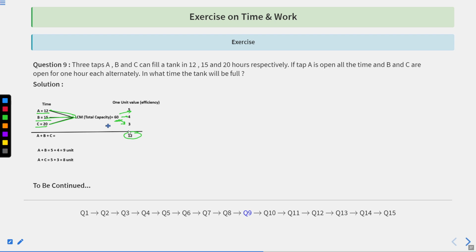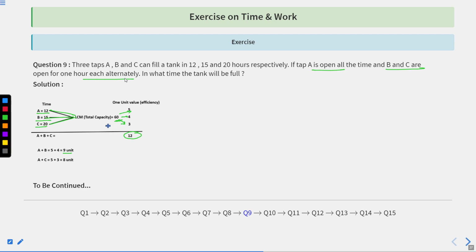So the combined efficiency of the 3 taps will be 12. And now the efficiency of A plus B is 9. So why are we even interested in A plus B and A plus C efficiency? Because tap A is open all the time and B and C are open for 1 hour alternatively. So for the first hour A and B are working and then in the next hour A and C are working.